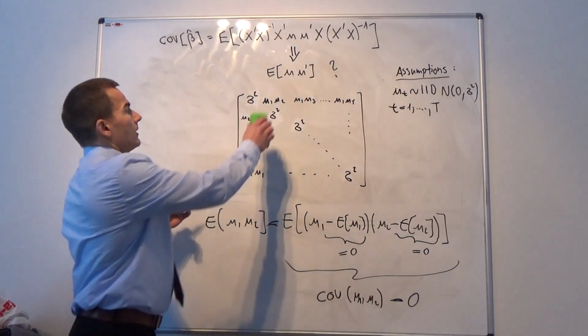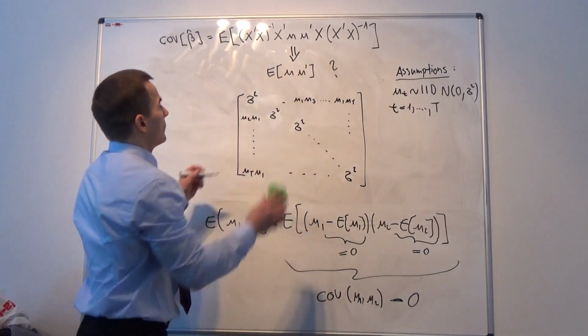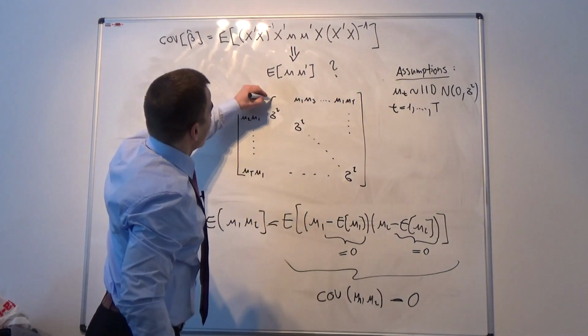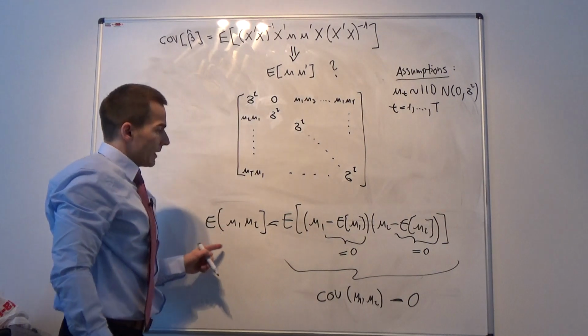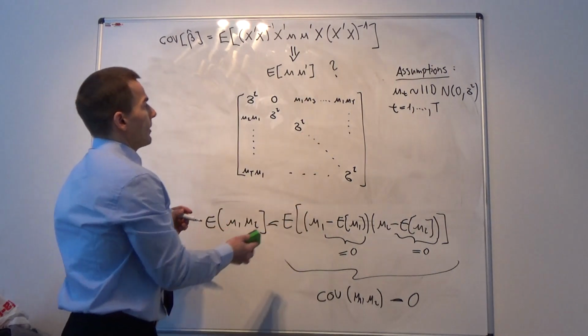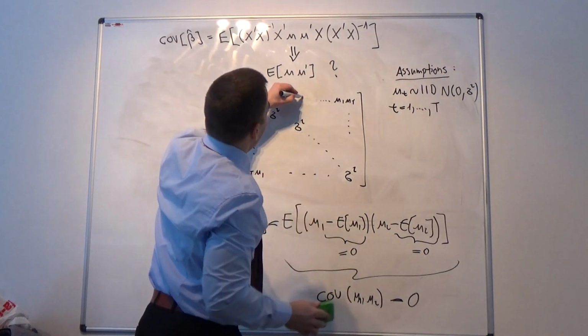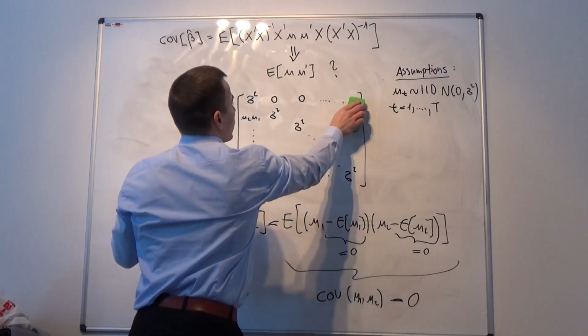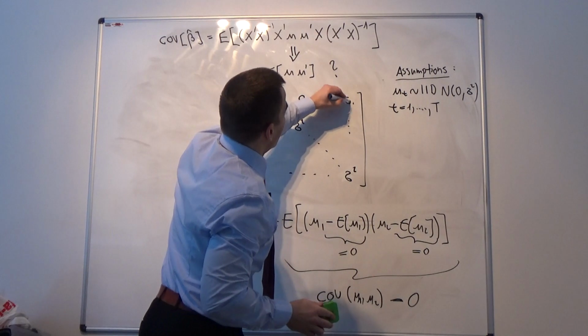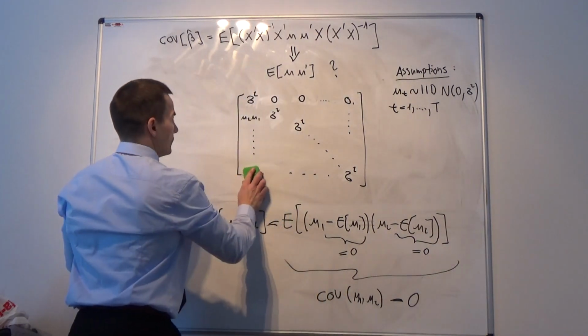So here, that's 0. And if we do the same operation for all the other elements, what we will see is that everything above and below the main diagonal is 0.